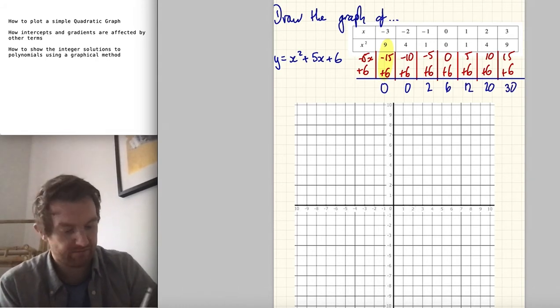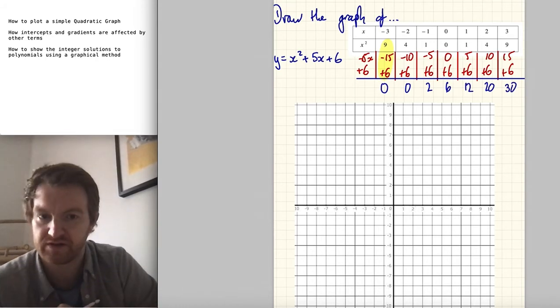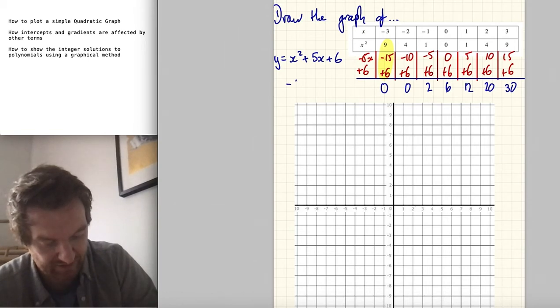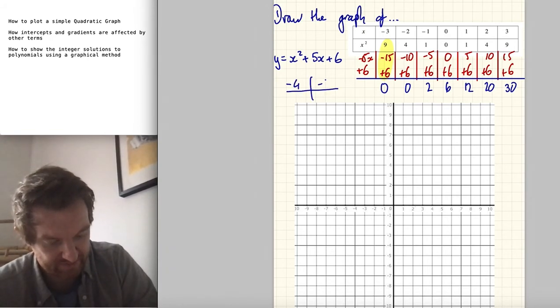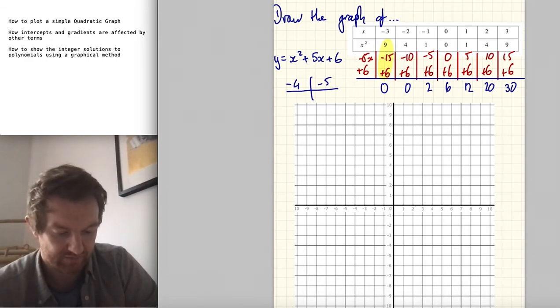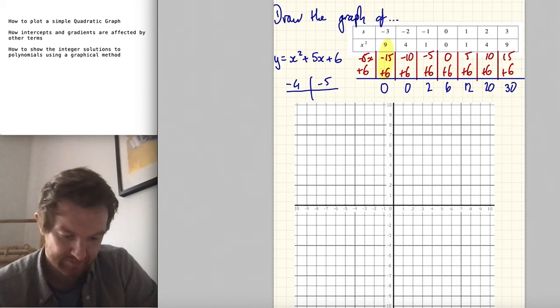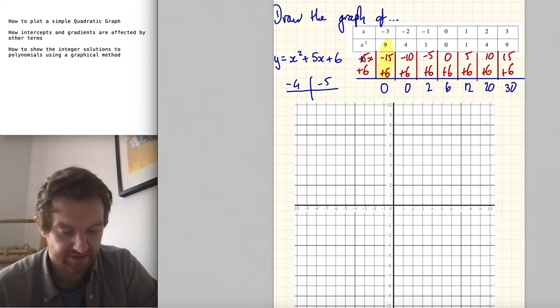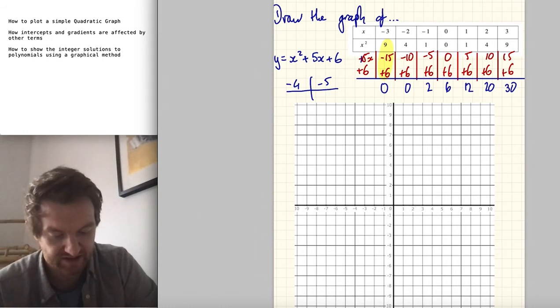So I might want to consider doing a few other points as well. So I might think, okay, what about if I had negative 4 and negative 5? Let me do the negative 5 first.